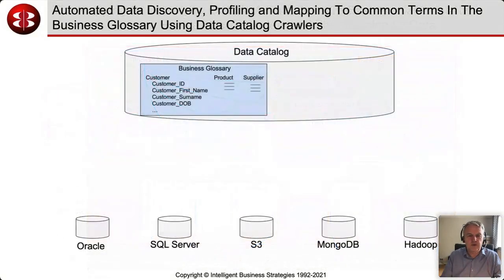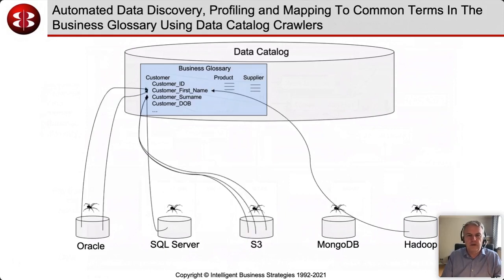And these days, of course, data catalogs are very good at this kind of thing, where they can connect to a range of different registered data sources and then automatically discover what's in those systems and map it back to my business glossary in order to know where the physical data out there representing a customer or representing a product or representing a supplier may be.